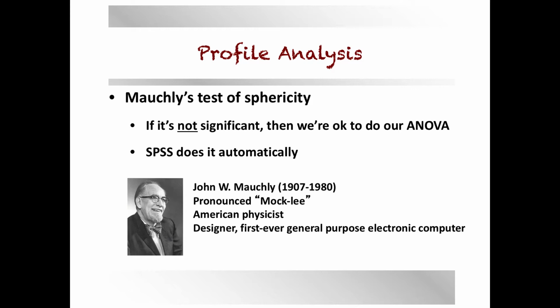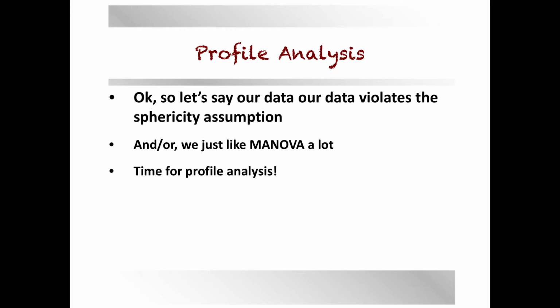If this test is run and it's not significant, then we're okay to do our ANOVA. This is the assumption of sphericity. Let's say our data violates this assumption. Then we run profile analysis.